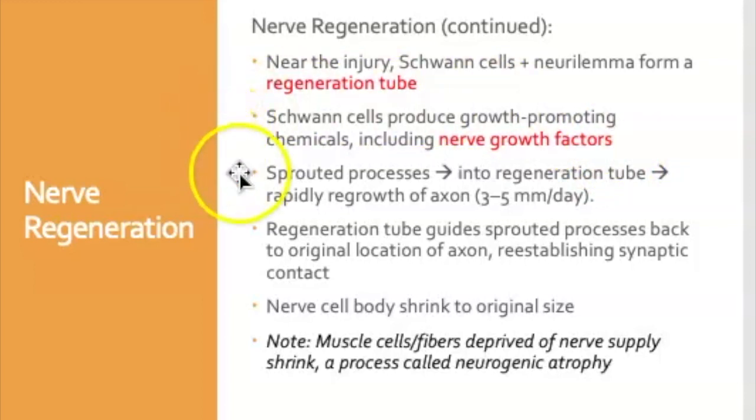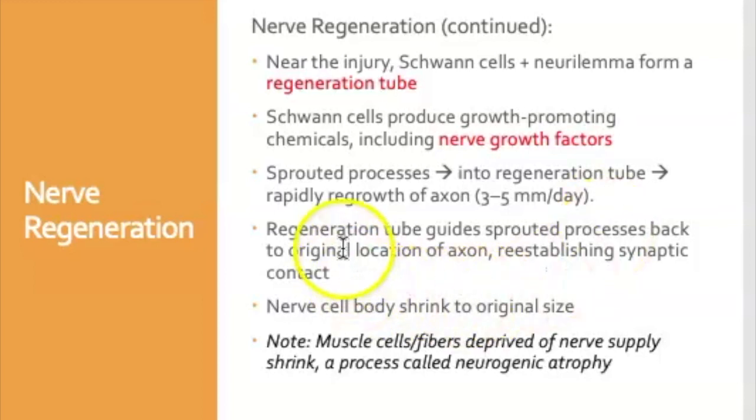The sprouted processes, these nerve membrane extensions, are going to be directed into that regeneration tube. They're going to start to grow, and they grow fast. They grow at about 3 to 5 millimeters per day. I know that doesn't seem like a lot, but on a microscopic level, that's pretty amazing.